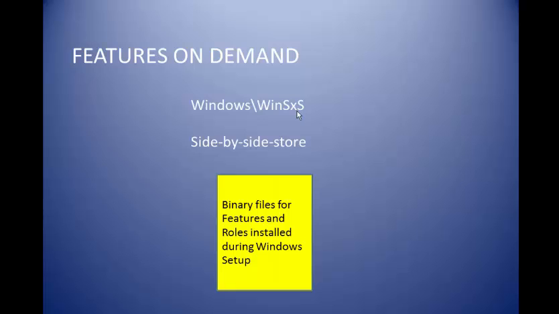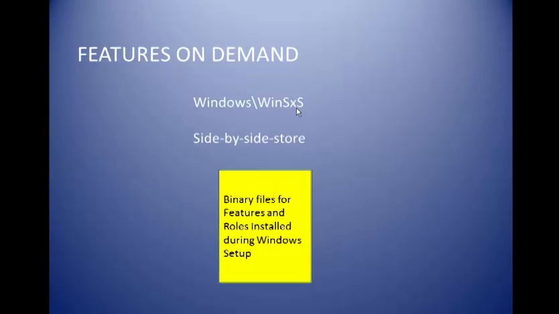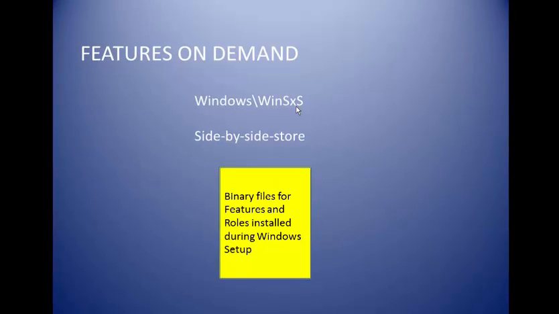Keeping a copy of these feature files available on your disk in this way enables you to add a role or enable a feature after Windows Server installation without needing to access your Windows Server media, whether that be a DVD or any other media that you have your server files stored on.